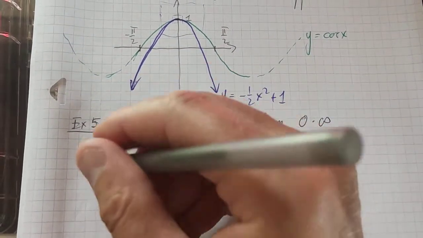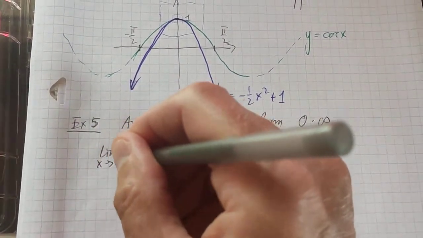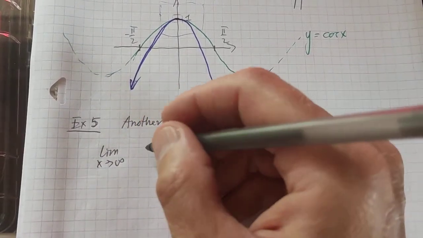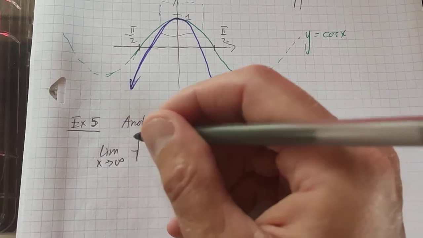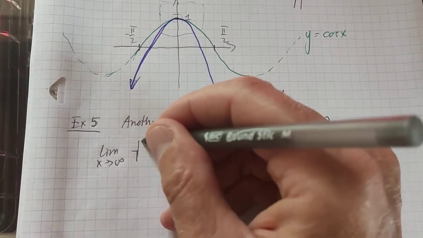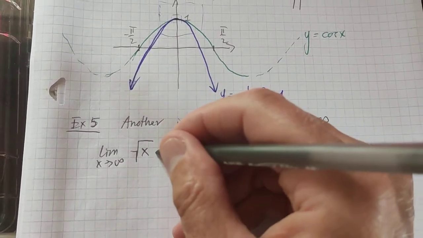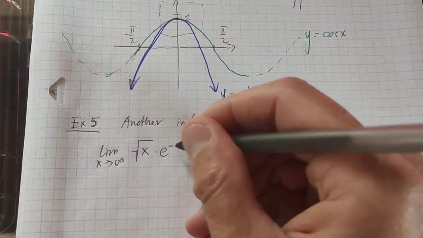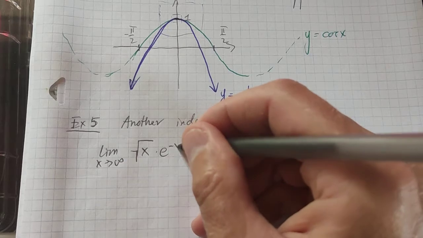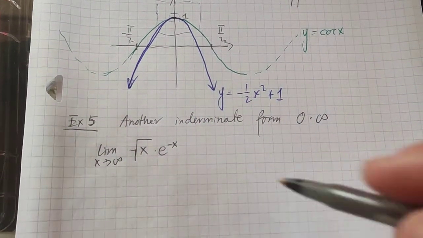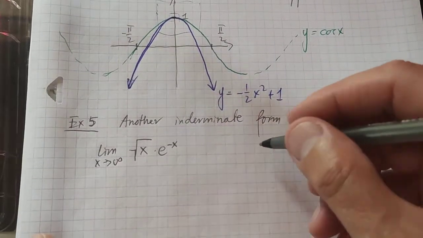Okay, so I have that limit with x approaching infinity, and here I have square root of x times e to the negative x. Okay, so let's do our analysis.